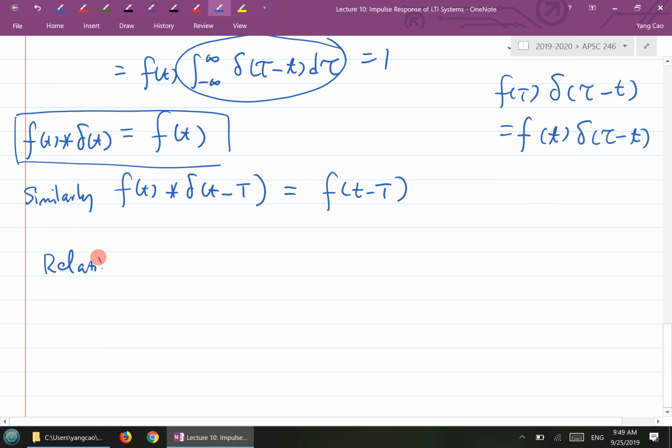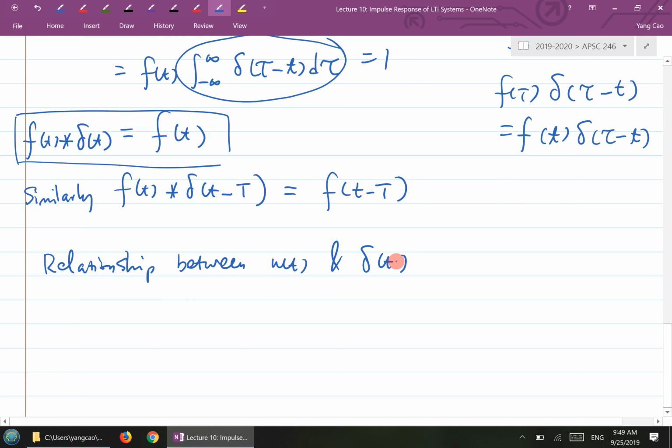Before we move on, let's take a look at the relationship between the unit step function u of t and the impulse function delta t. I'll give you the relationship, but it's not going to be a very rigorous proof.